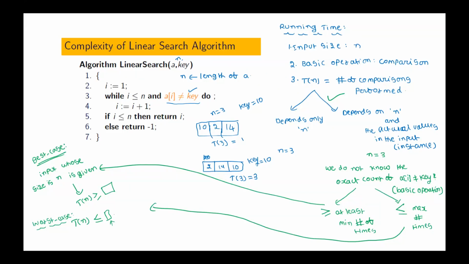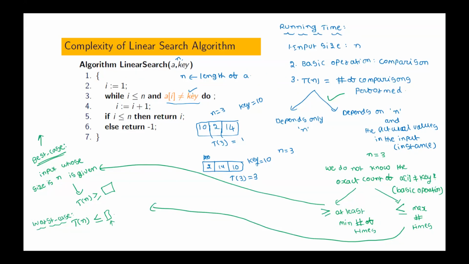What is T of n in the best case? 1, sir. 1. When does that best case occur? When the key exists at the first position. When the key is present in the first position, it is always the best case. Yes, sir. Okay.